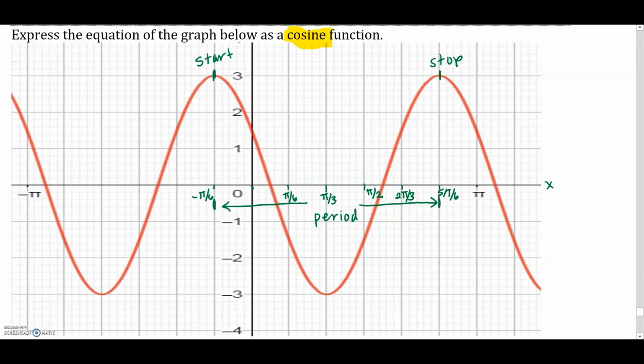With our home graph of a cosine function, we would have expected our starting point at (0, 3), because the amplitude is 3. But the entire graph has been shifted to the left by pi over 6 units. So our phase shift is negative pi over 6.